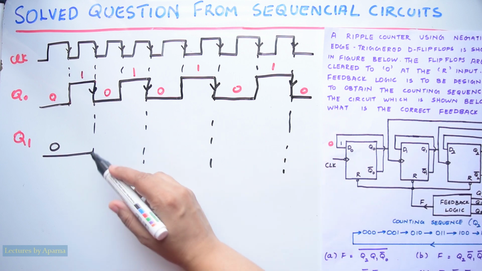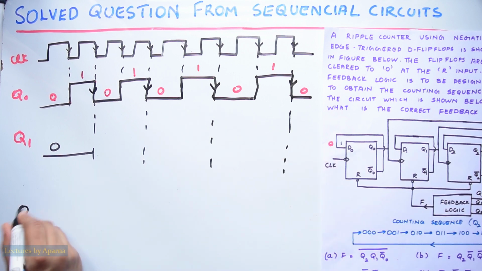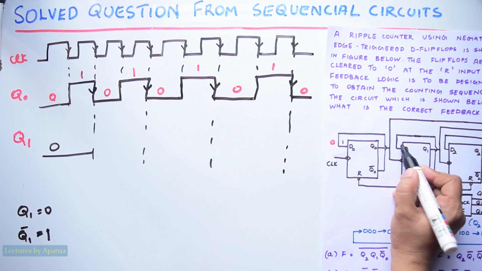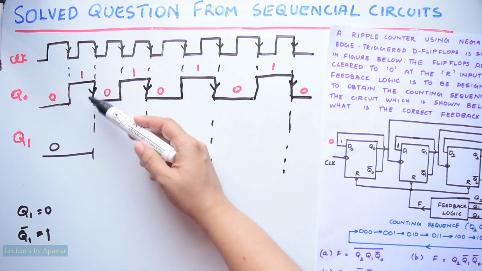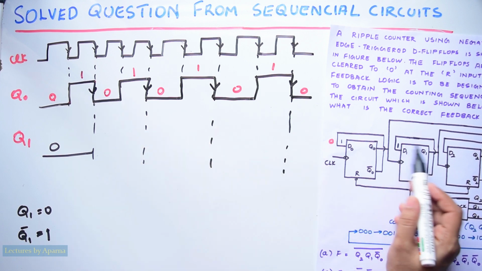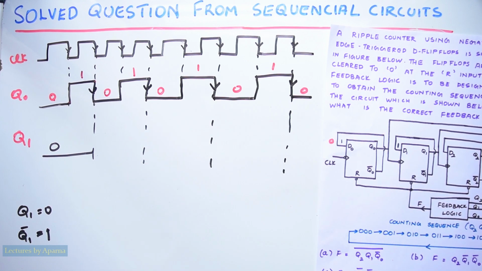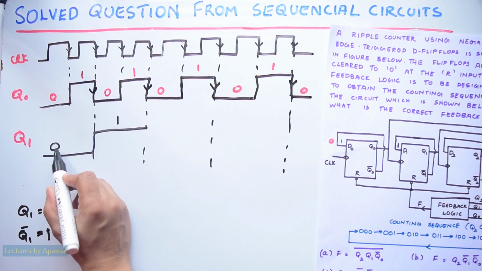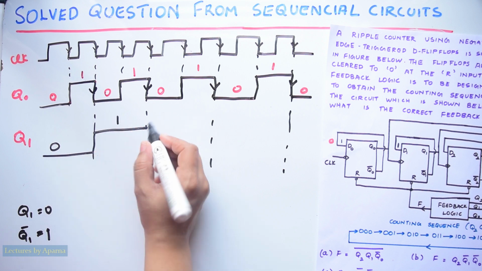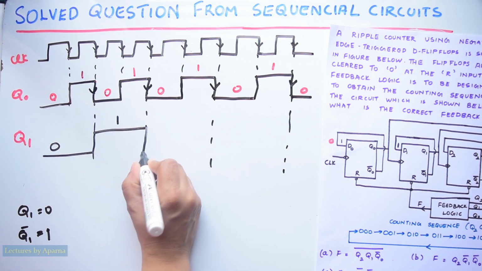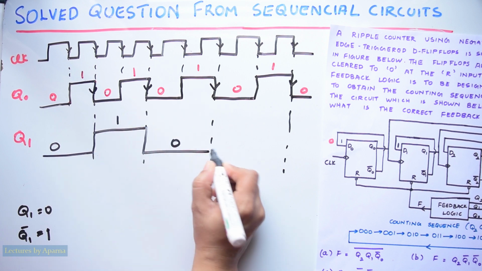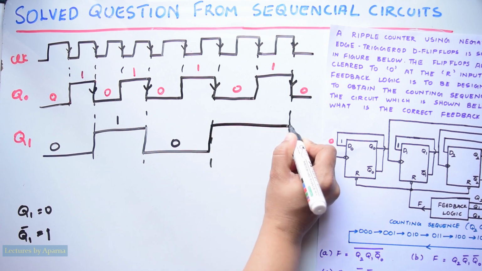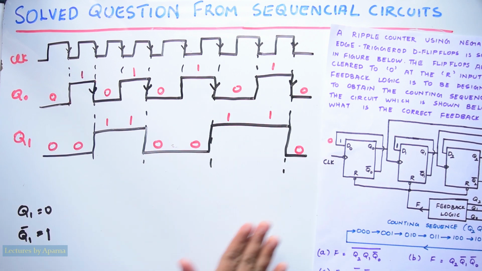When Q1 is equal to 0, Q1 bar is equal to 1. So that 1 will be present here, and when the first negative edge comes, this 1 will appear at Q1. So the output has changed from 0 to 1. Again at the next negative edge, this changes to 0 and this process will continue. So you get it like this.